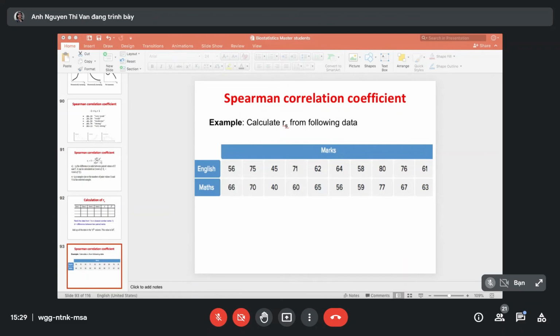So if the data we check turns out to be normally distributed, then we should prefer using the Pearson correlation test. For the case that the data is not normally distributed, we will use the Spearman correlation test.